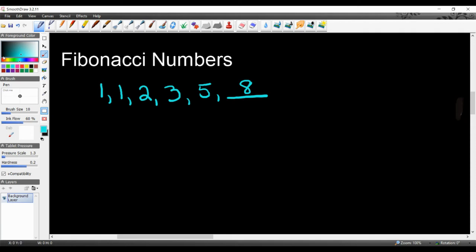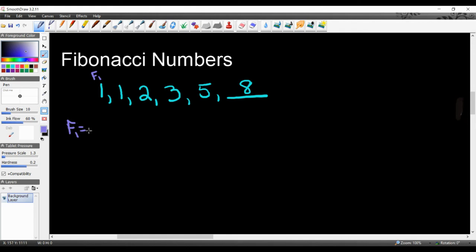It has certain properties. Fibonacci is defined by the following: f of 1, which would be this one right here, your first term. In this case, instead of using a, we're going to use f, just because Fibonacci is that much more special.